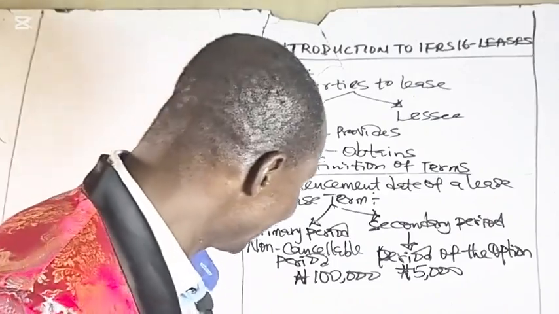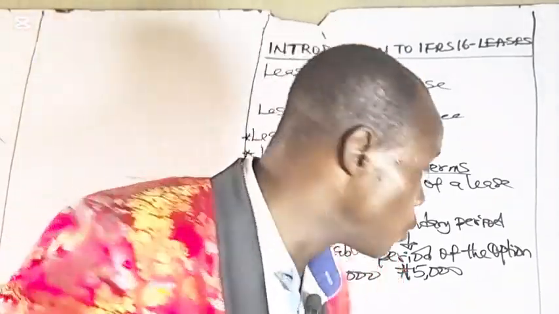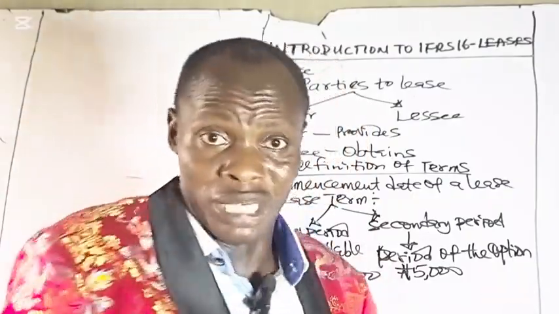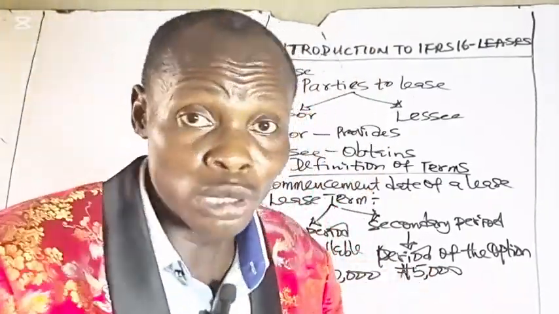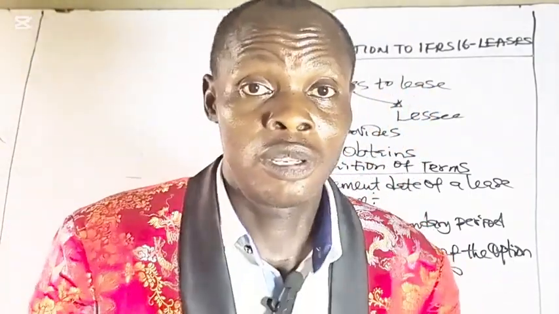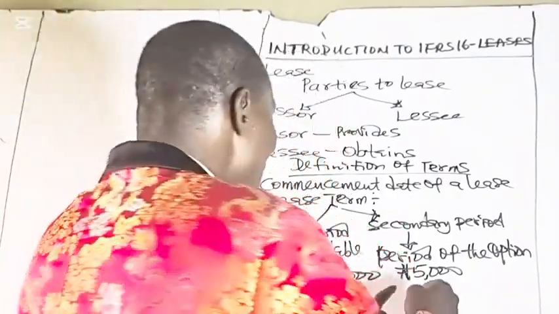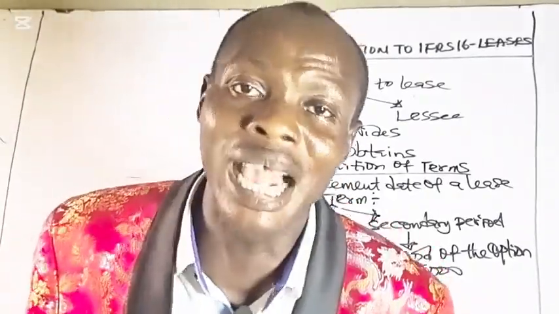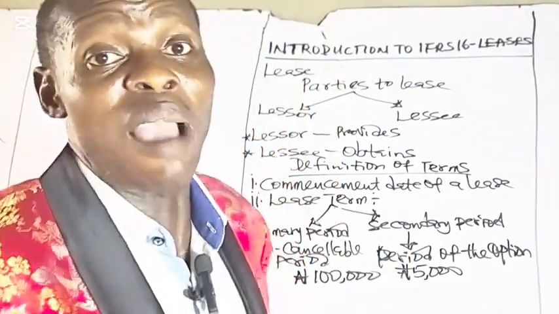This 5,000 is very small, so you may want to utilize that opportunity to stay in that house because the rent for the period of the option is very small. But where the landlord says, okay, after 5 years I'm going to renew the rent, the amount you'll be paying is 500,000.